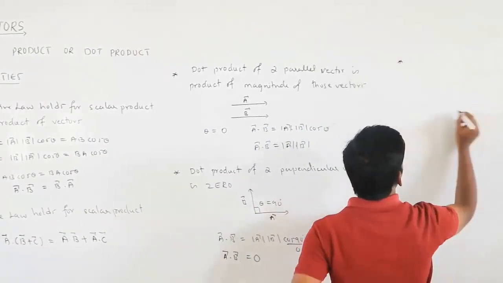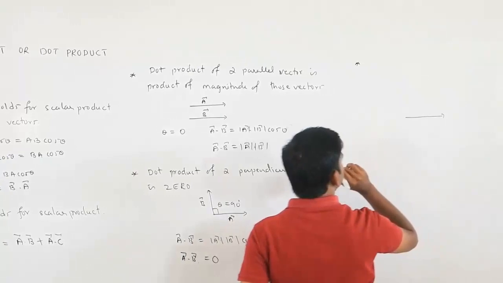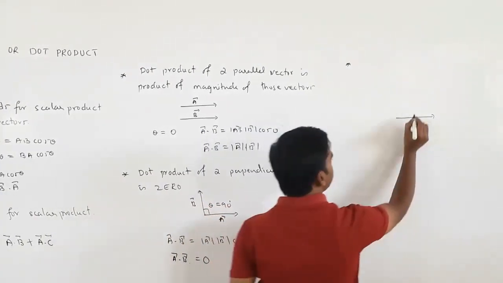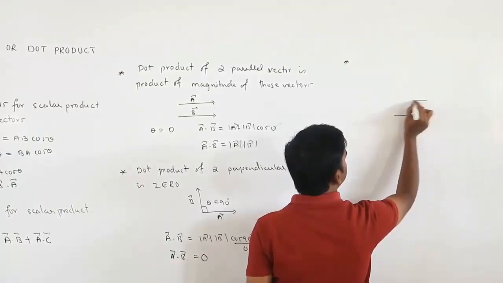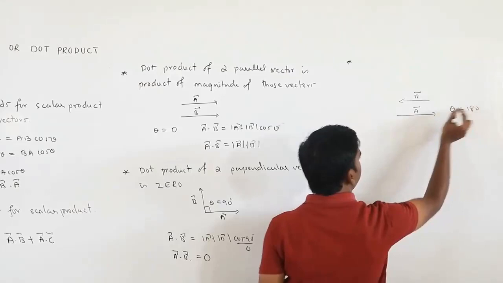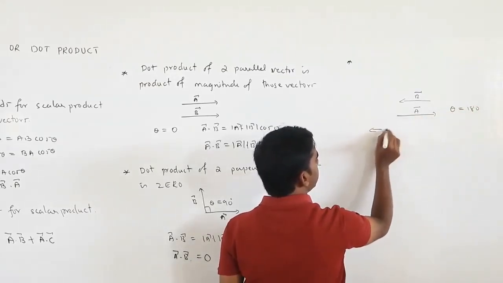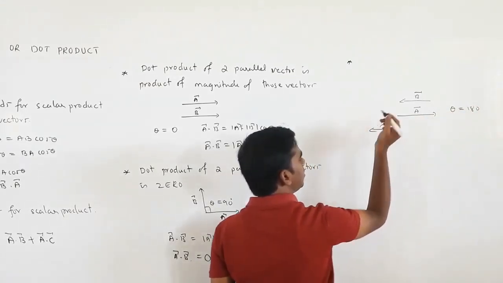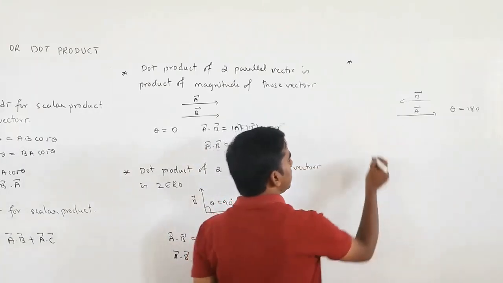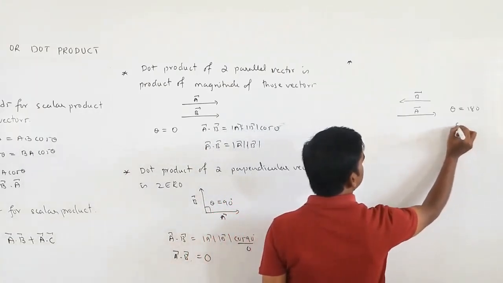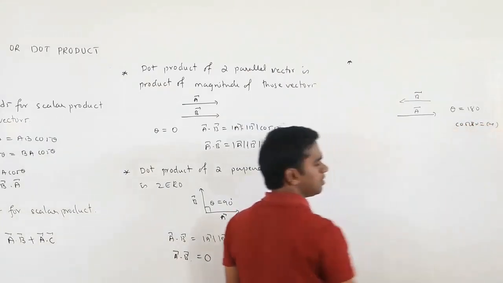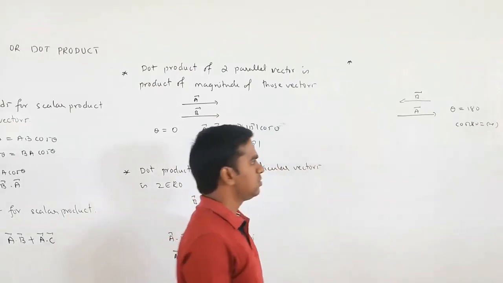If I take two anti-parallel vectors, vector A is on this side and vector B is on this side. What is the angle between them? The angle between them will be 180. Cos of 180 is equal to minus 1.